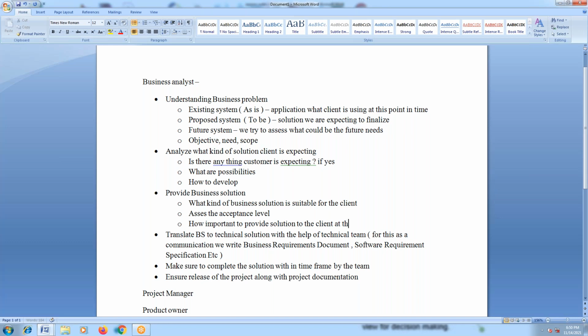At this point, sometimes the customer is insisting that we provide the solution at the earliest, but as it is connected to technology, everything is not in our hands, because at the end of the day it's human intervention. You cannot complete it overnight. It takes time.